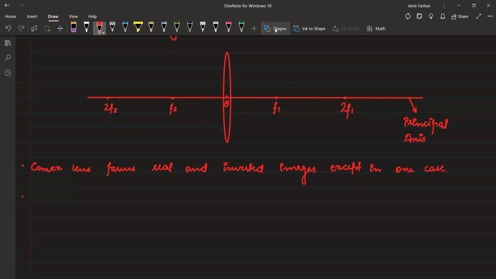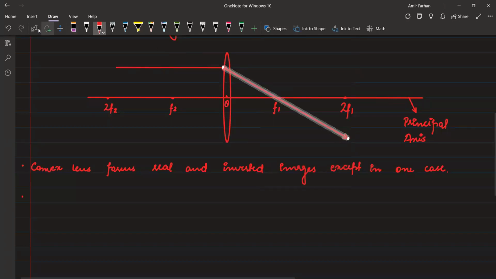As you can see, light travels in the rightward direction. It will refract from this point at the boundary. If the light ray is parallel to the principal axis, it will pass through the focus, similar to the previous concept we did in the reflection part.